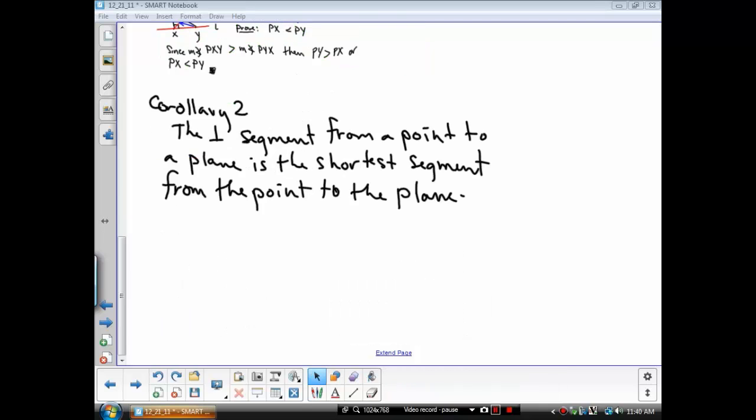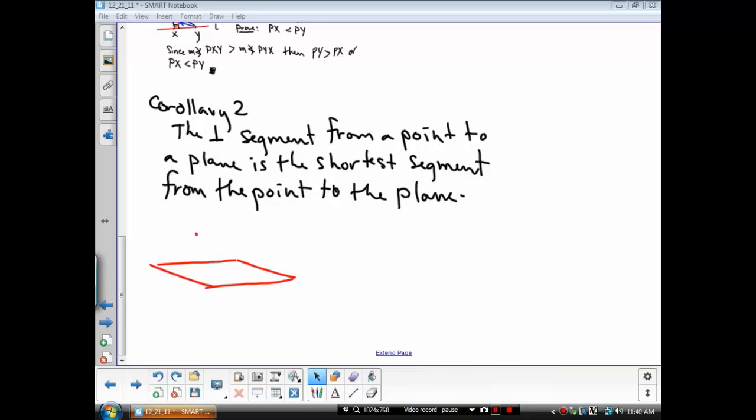So here we have a point, and we have a plane we can draw a parallelogram to represent. A perpendicular segment now from the point to the plane.